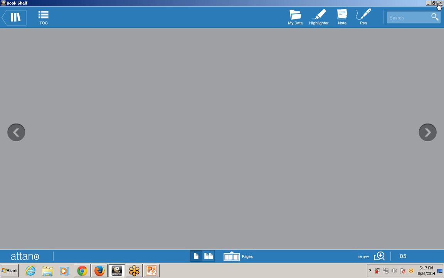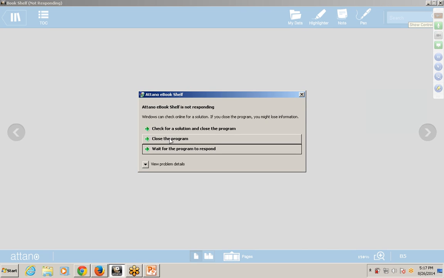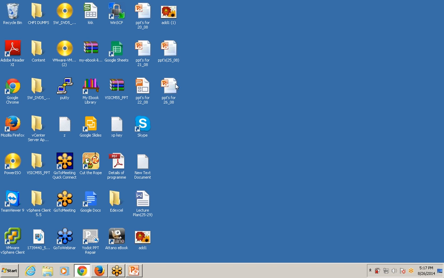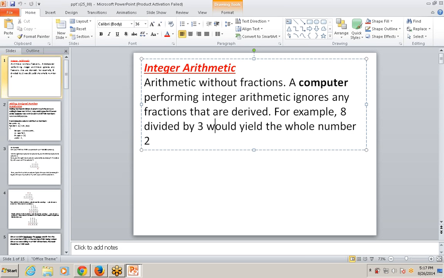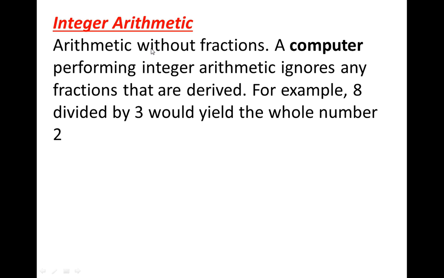We started with integer arithmetic, that is arithmetic without any fractions is known as integer arithmetic. It means whenever we take discrete values, that is known as integer arithmetic. We say a computer performing integer arithmetic ignores any fractions.